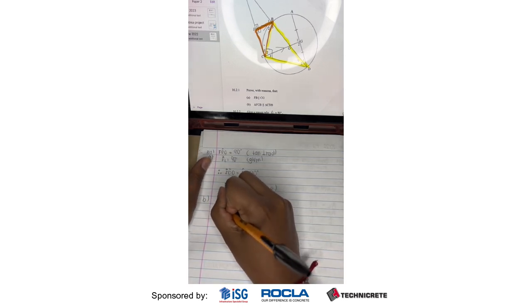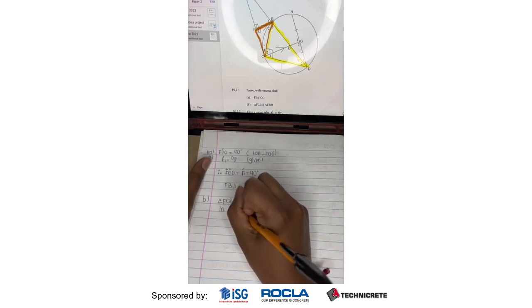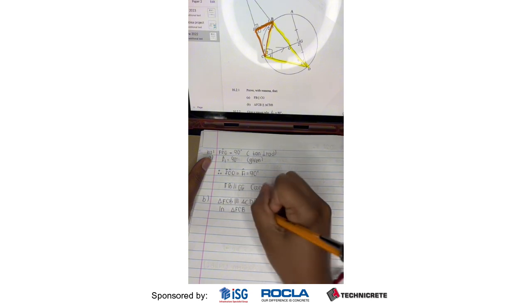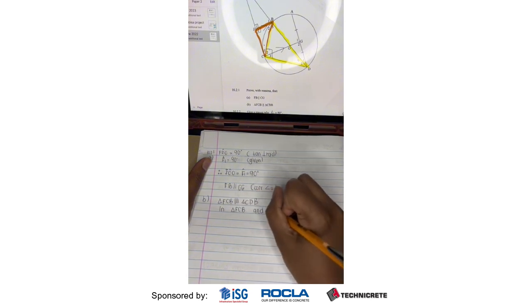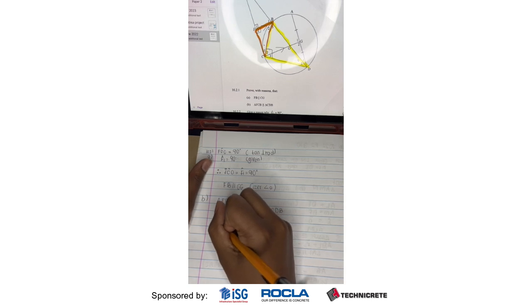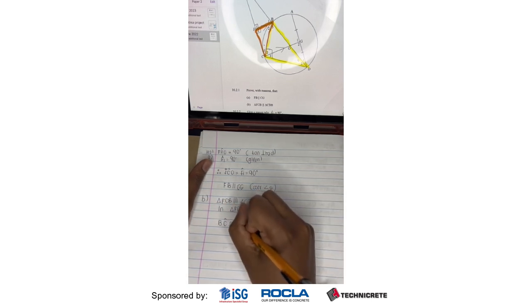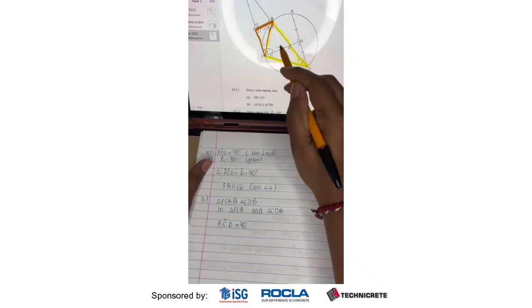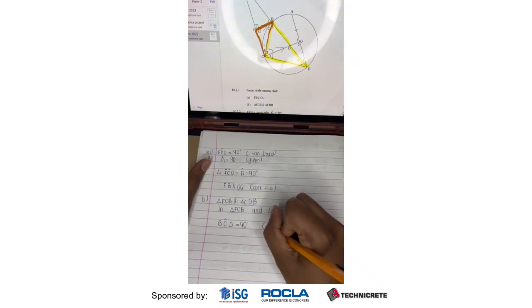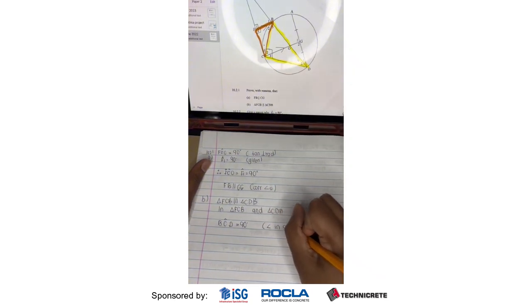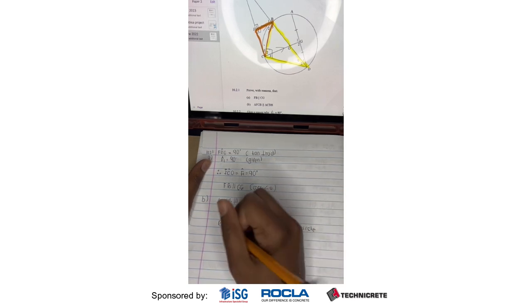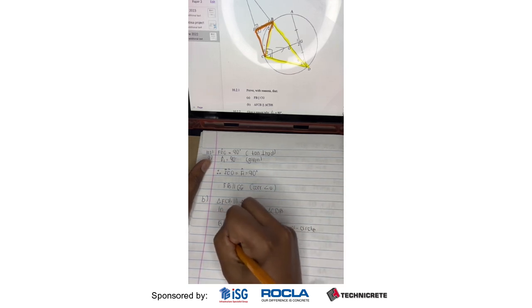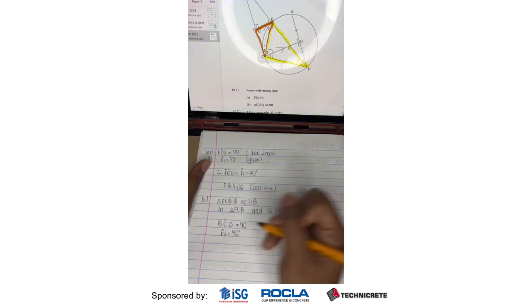So let's start by saying in triangle FCB and triangle CDB, the first thing that we said is BCD is equal to 90 degrees, this angle here, because of angles in a semicircle. I also know that angle F2 is 90 degrees.